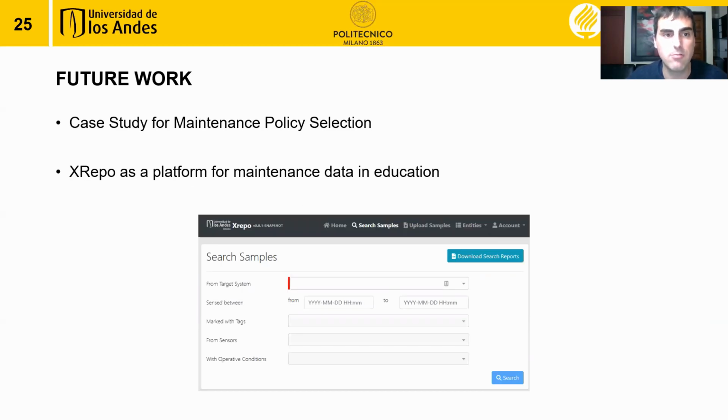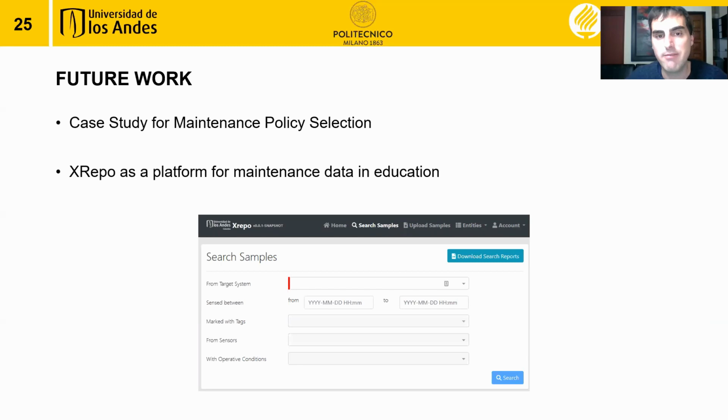What will the future work be? We probably need a case study for maintenance policy selection, because we know that condition-based maintenance is useful in particular for assets that have a quite low failure rate but high downtimes.